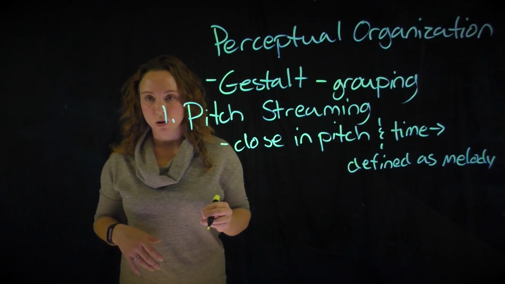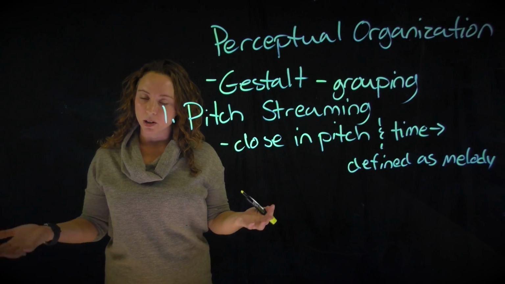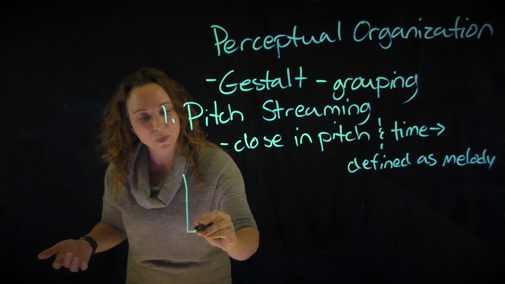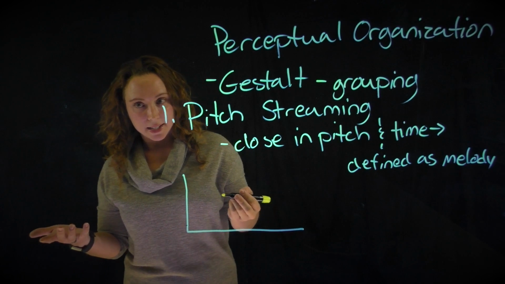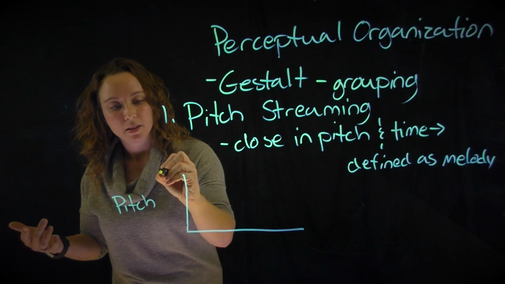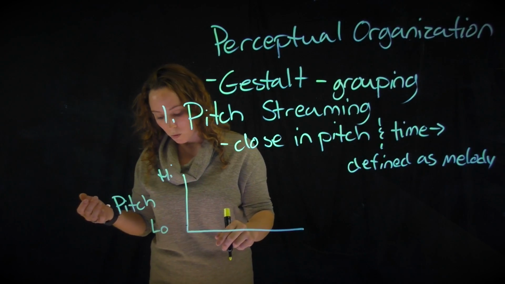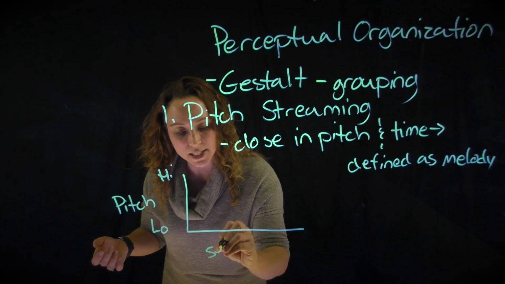So I'm going to draw a graph of what this would look like, and I would definitely want you to know and understand and be able to reproduce this graph. Okay, so on the y-axis here I have pitch, right? And so I have high pitch at the top and low pitch at the bottom. And on the x-axis here, I have segregation time.